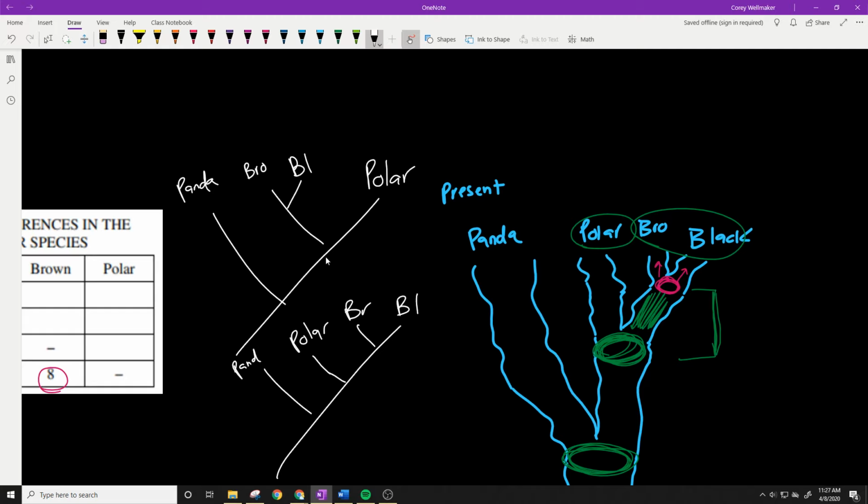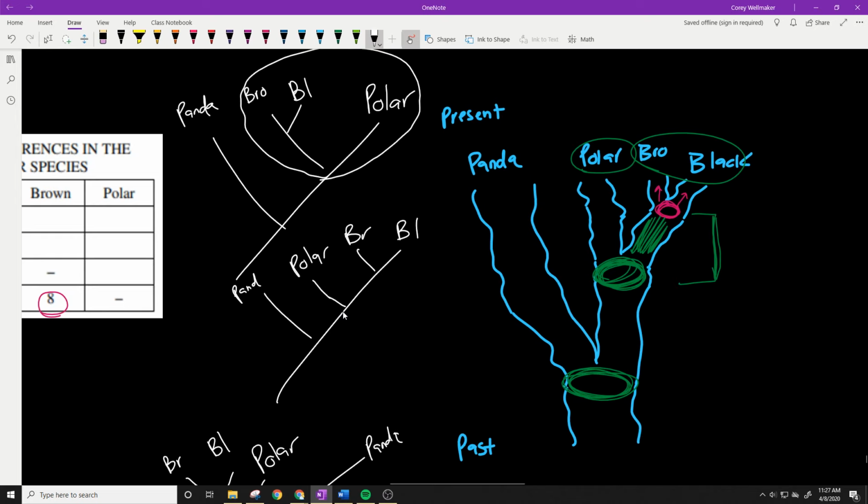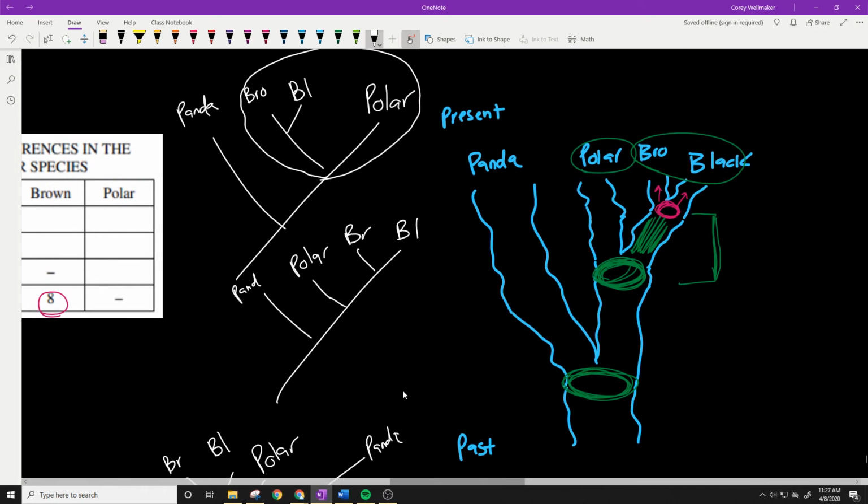If I'm looking at this group right here, I can't say anything about whether there's going to be more differences within any one of these lineages compared to the panda, because their position relative to the panda is arbitrary. You can shuffle it, you can flip it and rotate it, and you're saying the same thing.